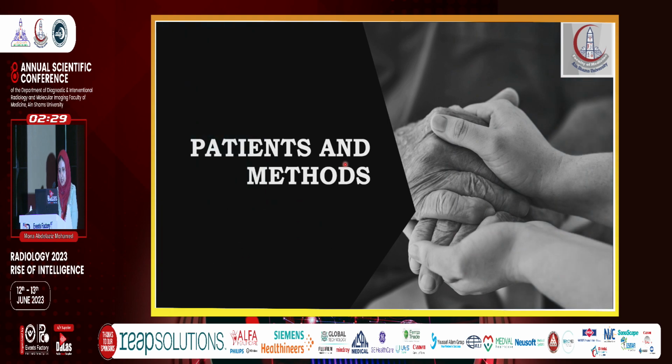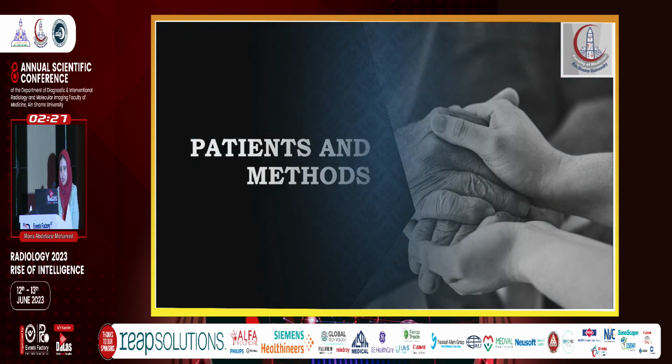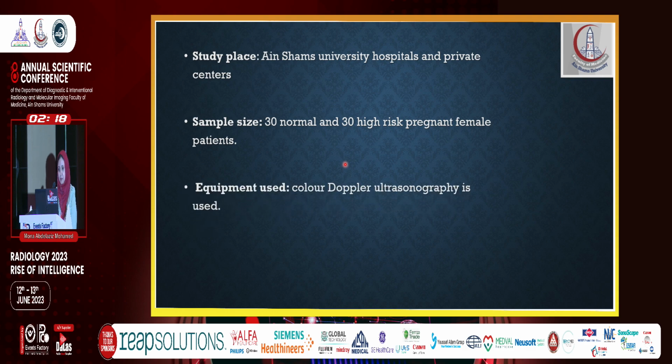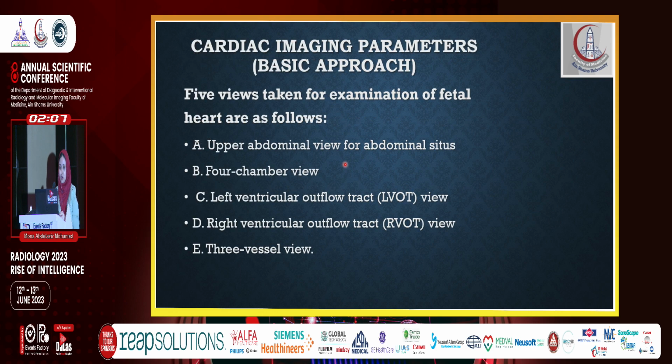In our study at Ain Shams University Hospital and in some private centers, we took a sample of normal and high-risk pregnant females: 30 normal and 30 high-risk diabetic and hypertensive patients, and we used a color Doppler ultrasound machine. We took the normal cardiac parameters: the basic approach, the upper abdominal view, the four-chamber view, LVOT and RVOT views, and the three-vessel view.